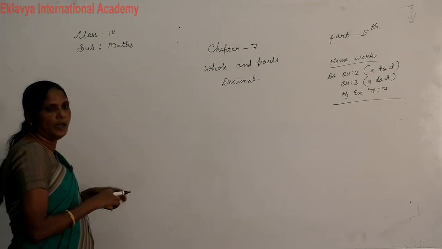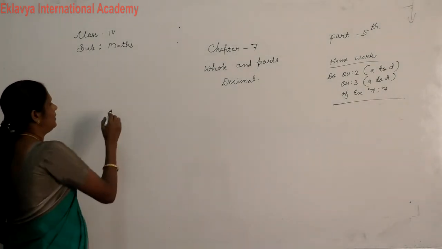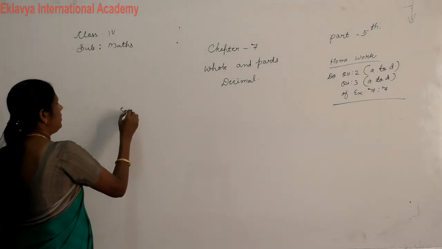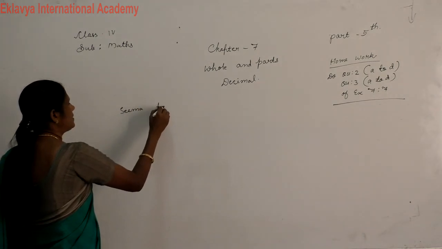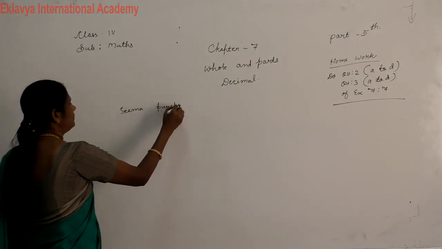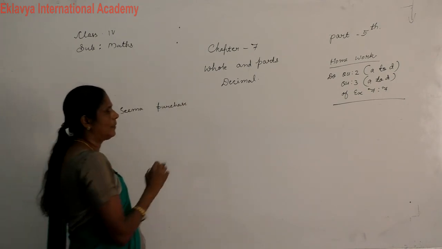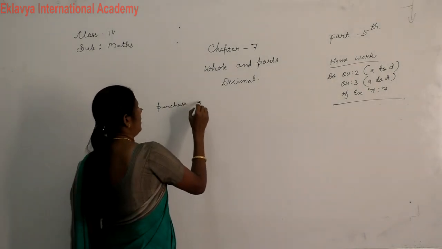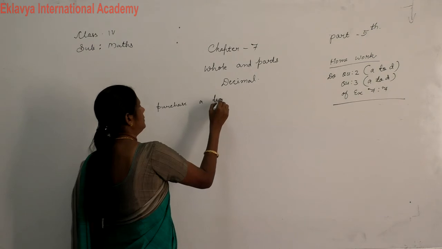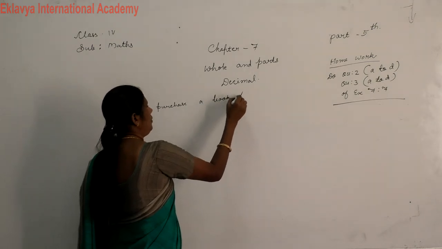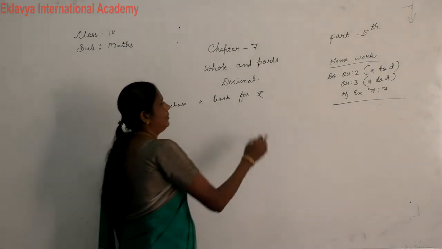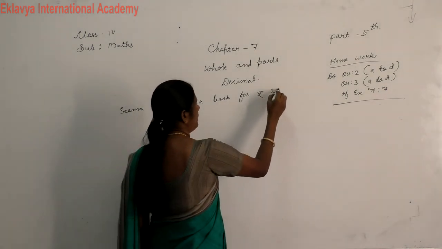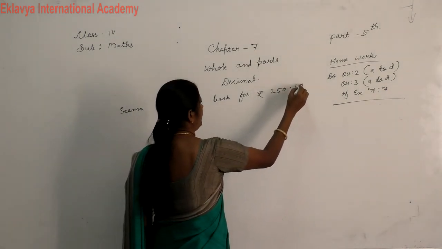Then solving the problems. Seema purchased a book for rupees 250.45.